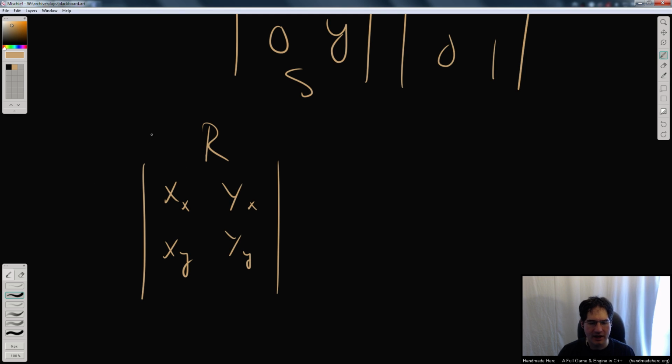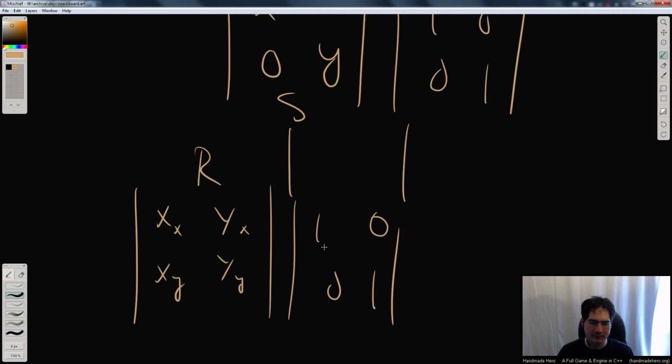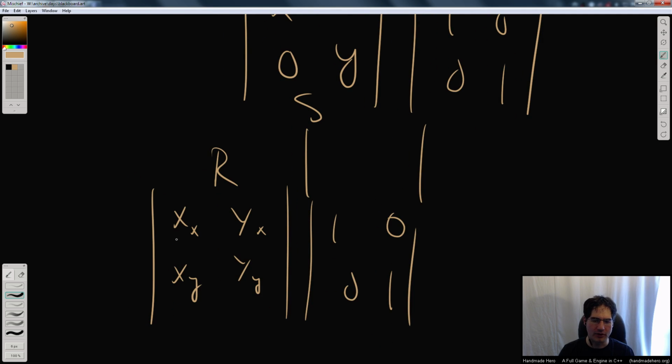If I have that in my rotation matrix, and I want to know what times that is going to equal the identity, then what I'm looking for is a vector here that, when dotted with xx, yx, and when dotted with xy, yy, produces 1 and 0.